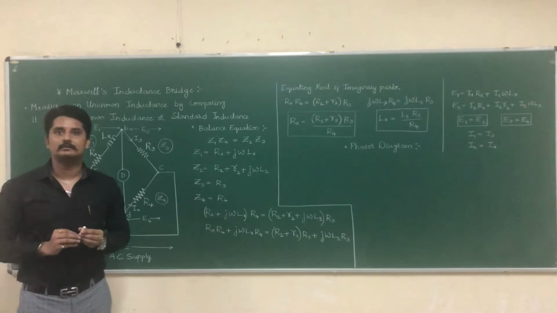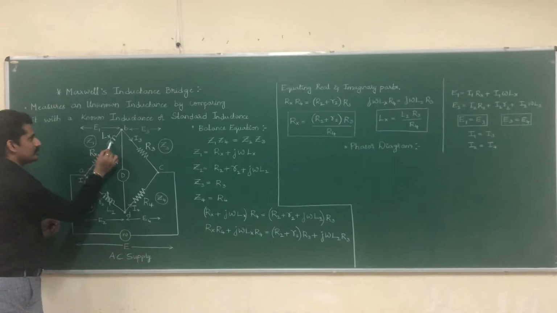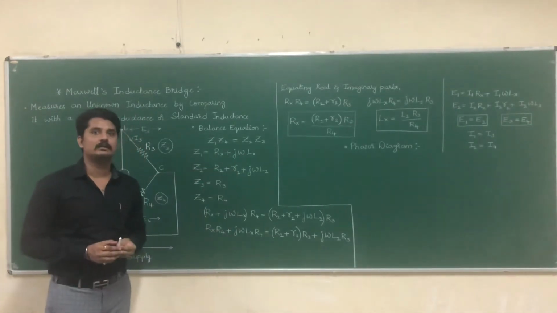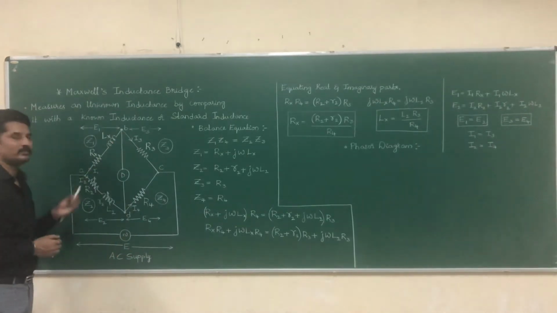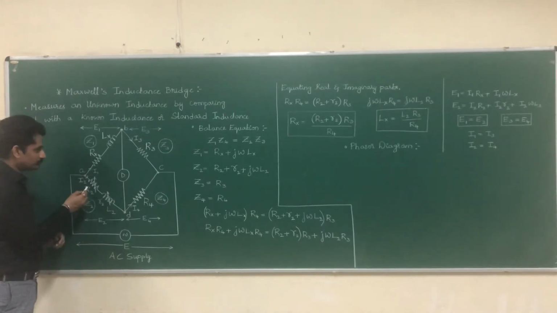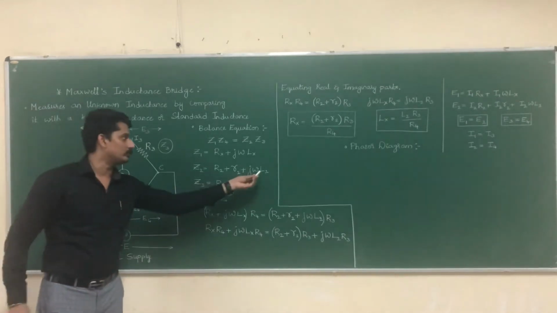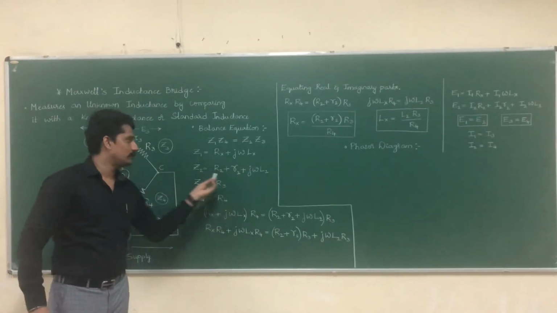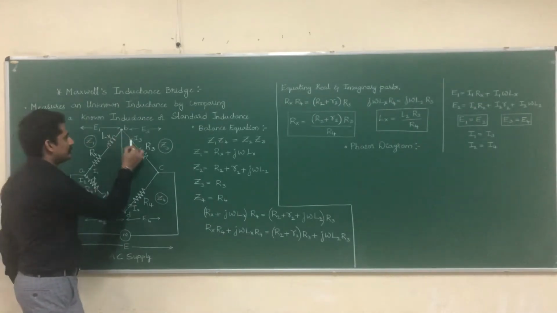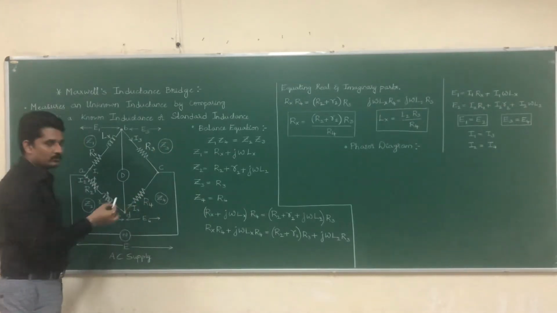Now what is Z1? Z1 is Rx plus j omega Lx. Z2, the impedance of arm AD, is R2 plus r2 plus j omega L2. Z3 is equal to R3 and Z4 is equal to R4.